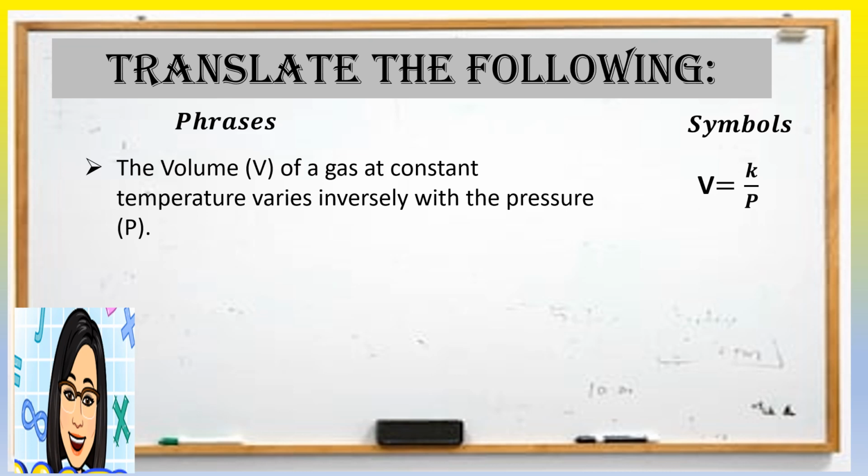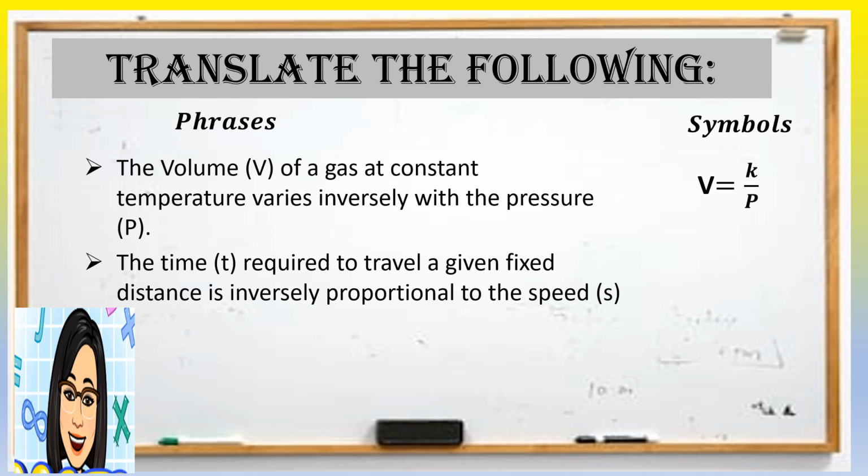Now let us try another one. The time required to travel a given fixed distance is inversely proportional to the speed. Can you write the symbol? Yes, it is T is equal to k over S. How about this?